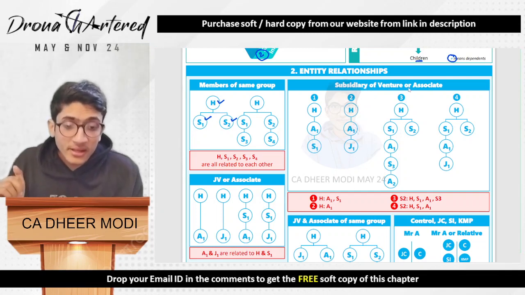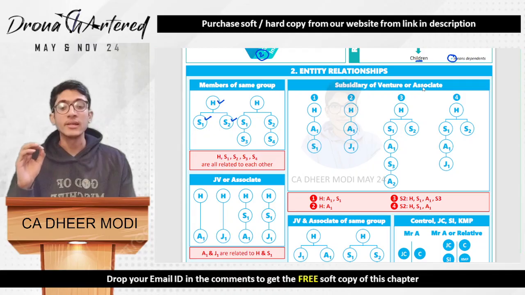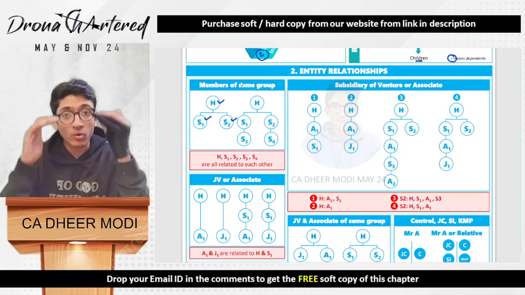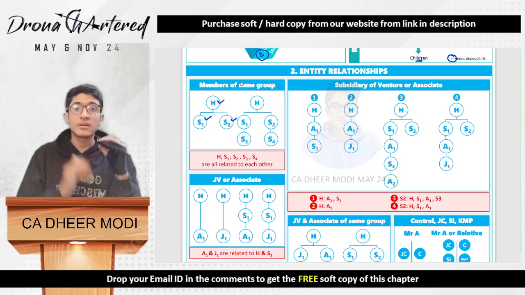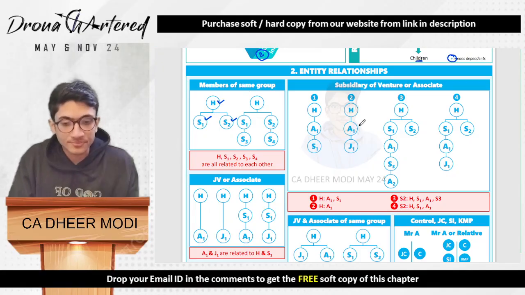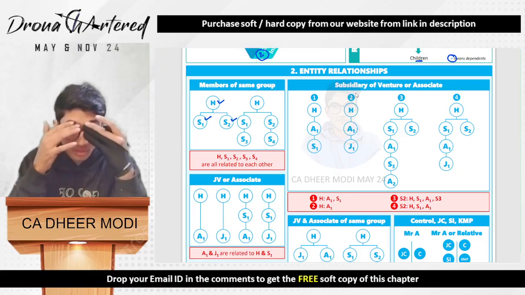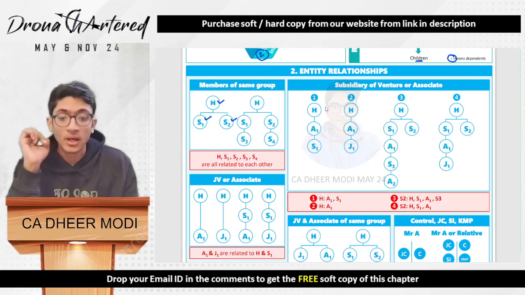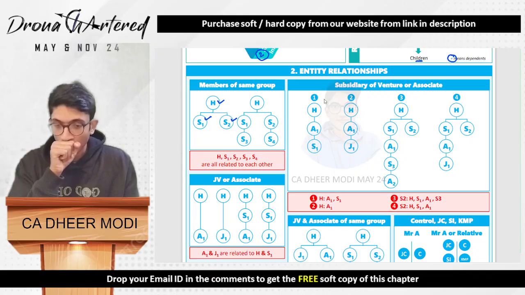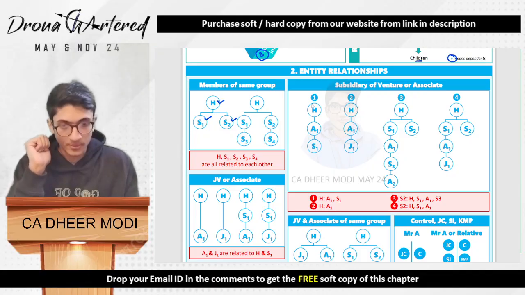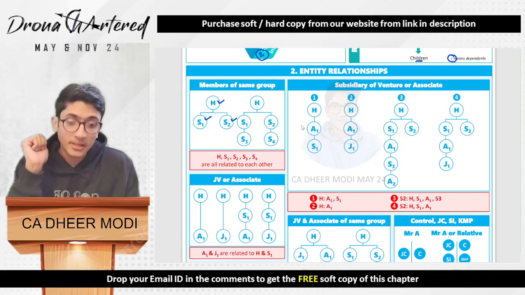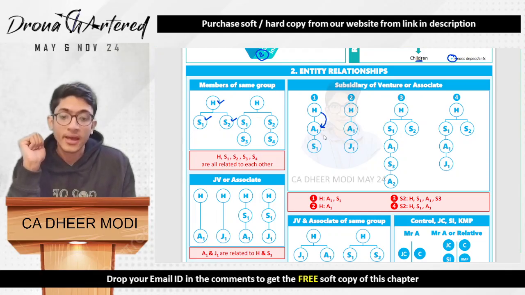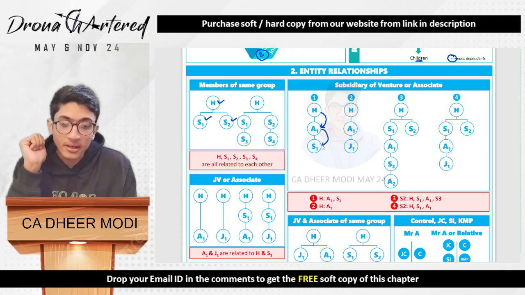Second is subsidiary of a venture or associate. Holding company and subsidiary are called the same group. Next is a subsidiary of a venture or associate. So say for example, you are the holding company. Now this holding company has an associate A1 and A1 has a subsidiary S1.